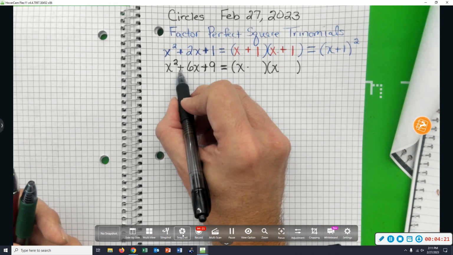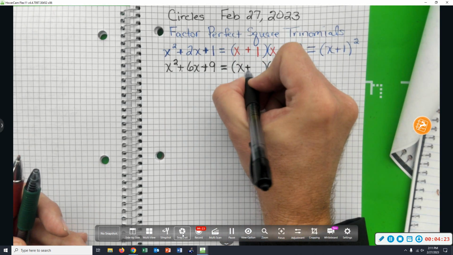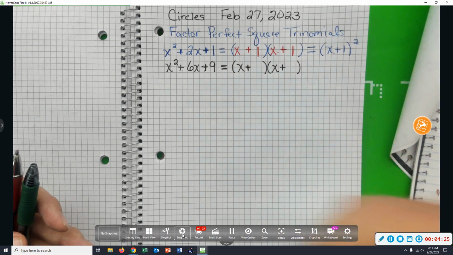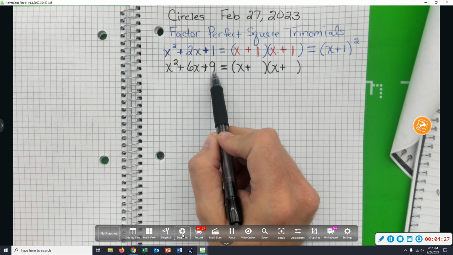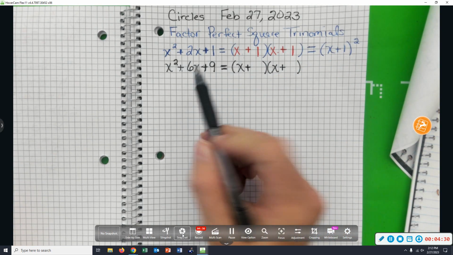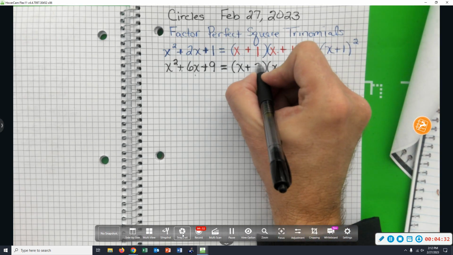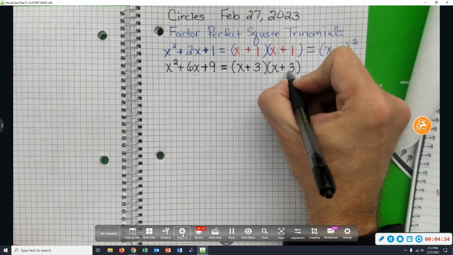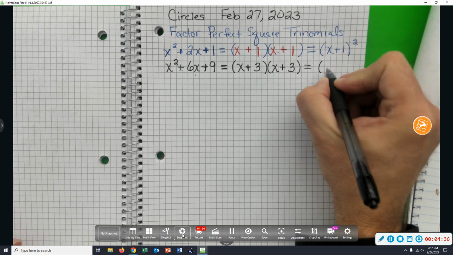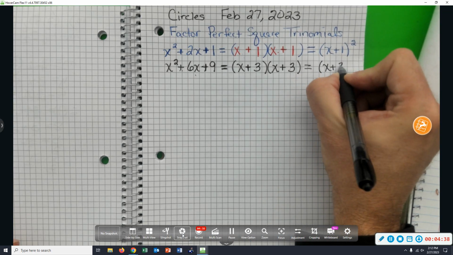Second sign is plus, so plus and plus. 3 times 3 would give us a 9, and 3 plus 3 would give us a 6. So this is certainly a perfect square trinomial, and we would write it like this: x plus 3 squared.